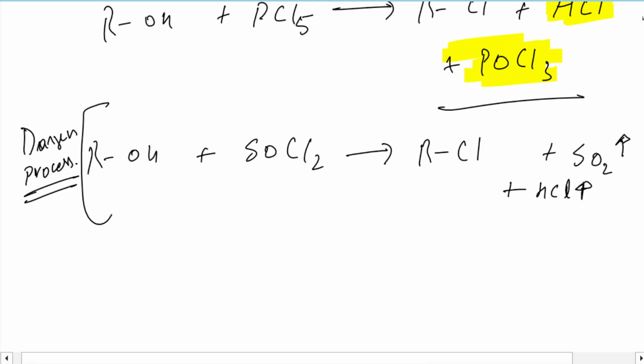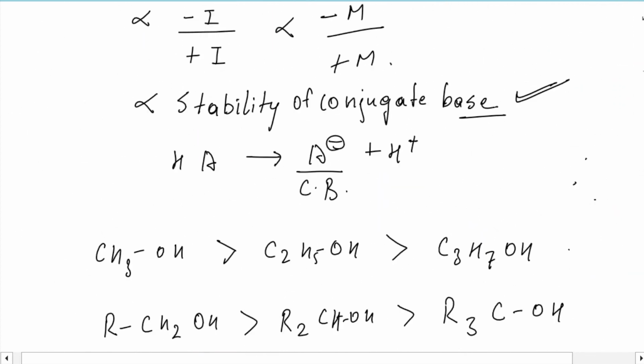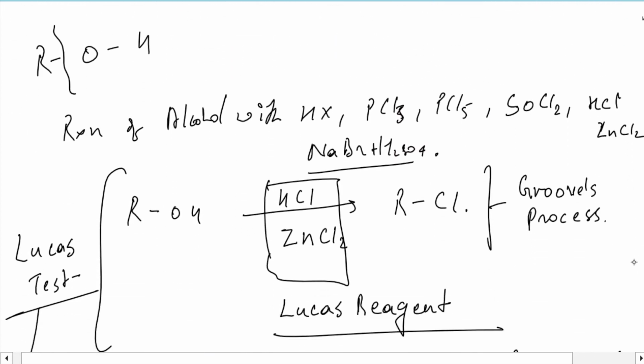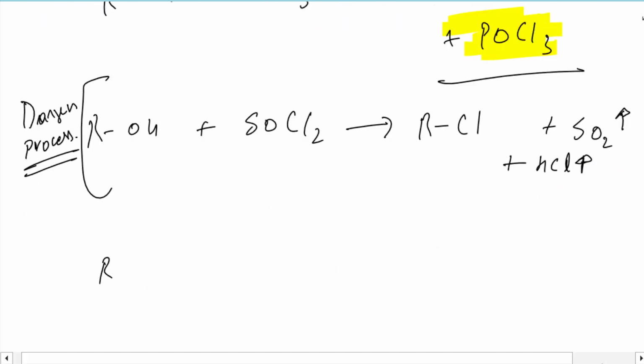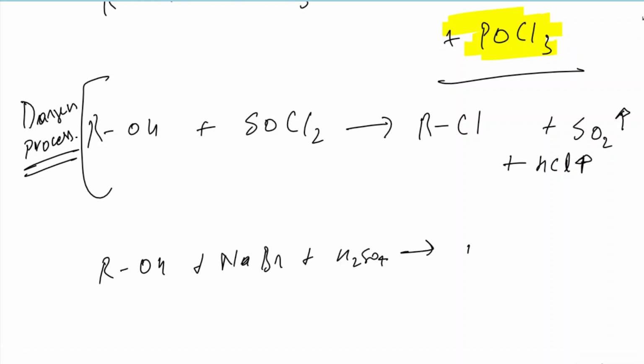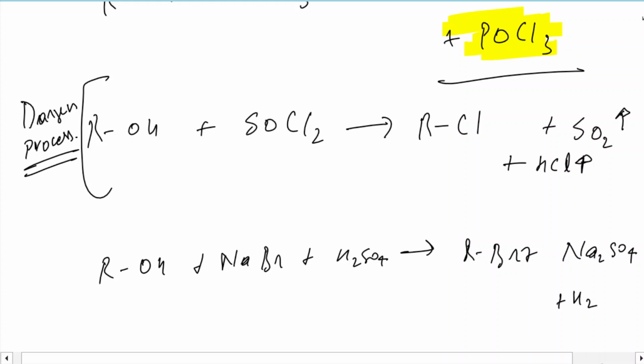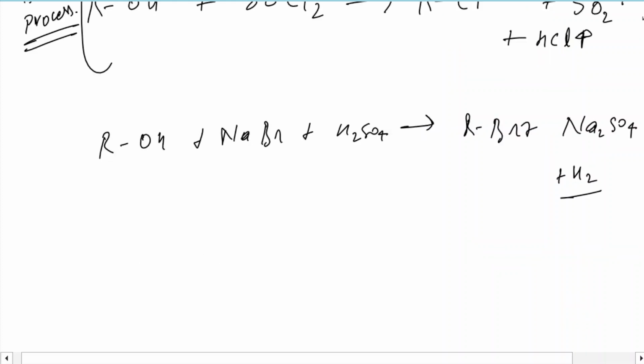Next to this, so these were the reactions, and one more we can add here is NaBr. ROH plus NaBr plus H2SO4 gives rise to RBr plus Na2SO4, plus H2O.